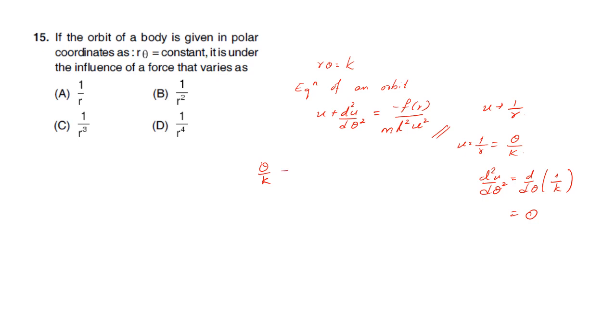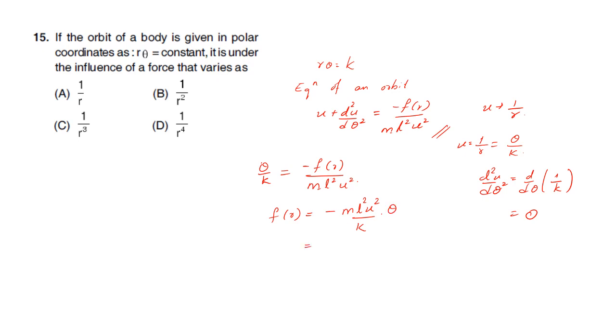Therefore theta by k is equal to minus f of r upon m L square u square. Therefore force f of r is given by minus m L square u square upon k into theta.